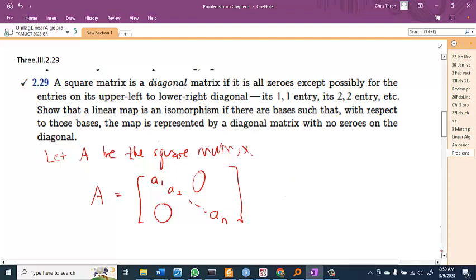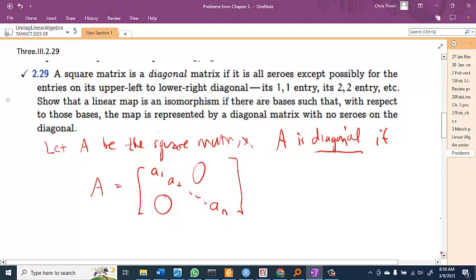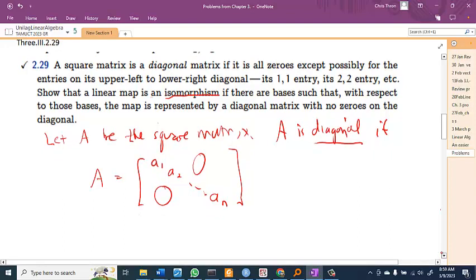So A is diagonal if it has this form. That's typically how you represent a diagonal matrix. Okay, so it says to show that the linear map is an isomorphism if there are bases such that with respect to those bases, the map is represented by a diagonal matrix with no zeros on the diagonal.